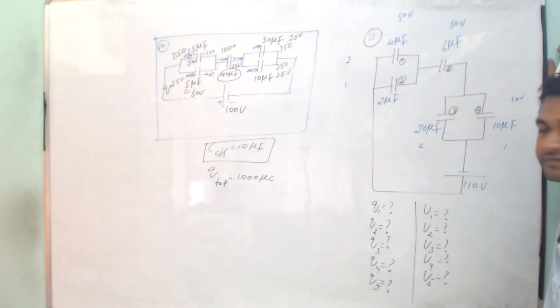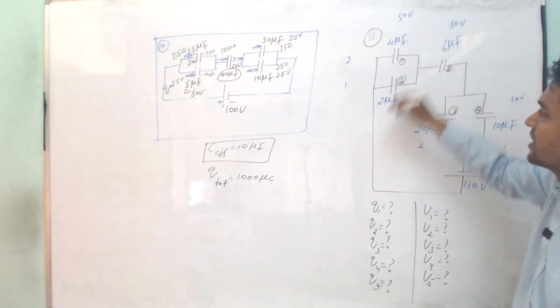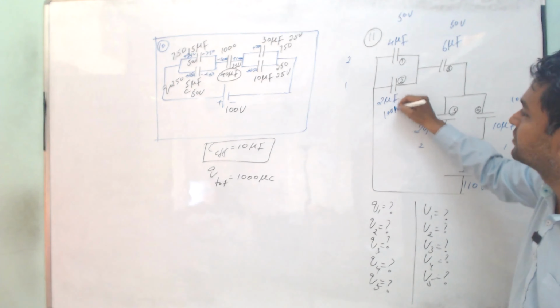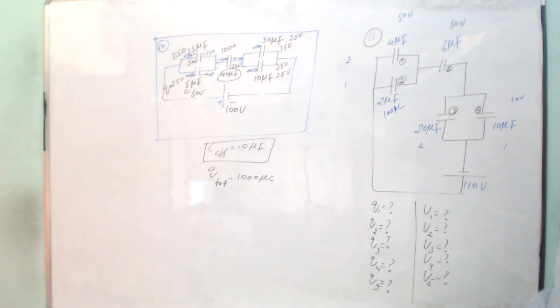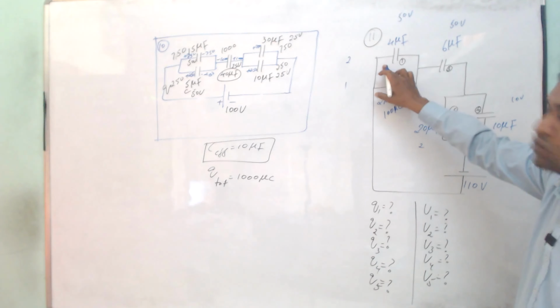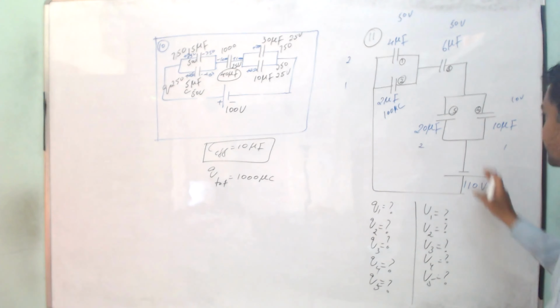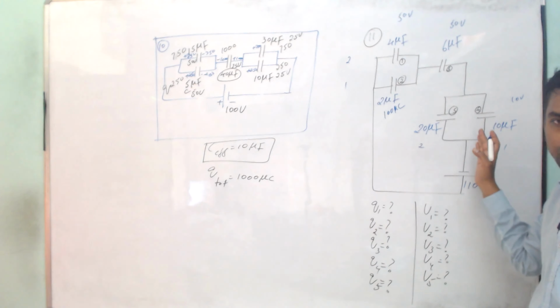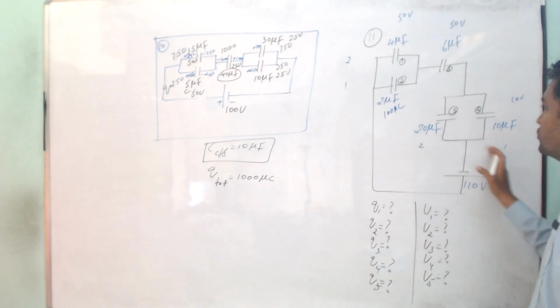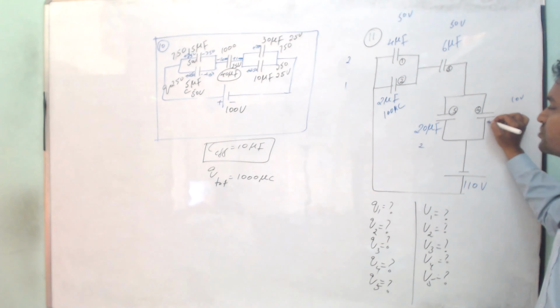Now charge on each will be first one. Q is equal to CV, so that's not an issue. 2 into 50 is 100 microcoulomb. 100 implies 200. That means total is 300. That means from here minus 300 should go. Again 2:1 ratio. So again here I should have minus 100.